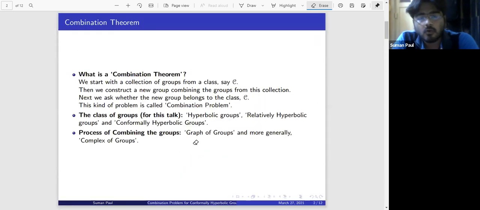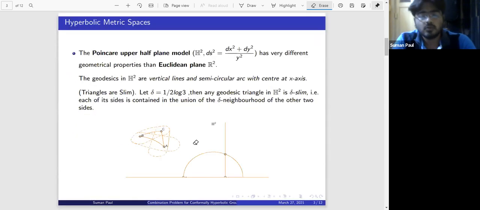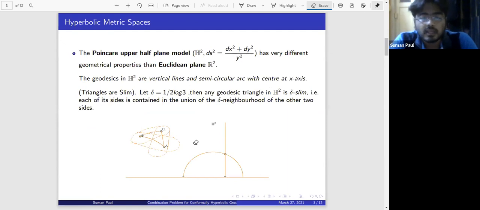So, in geometric group theory, the basic model space for hyperbolic metric spaces is the Poincare upper half plane. This is H2, the upper half plane, and the line element is given by this.